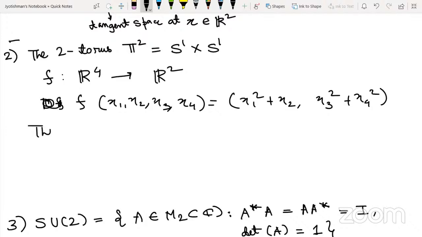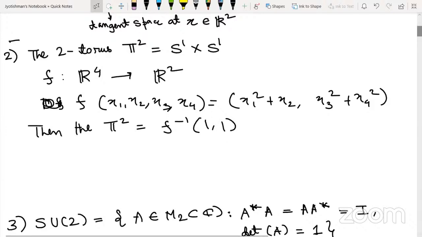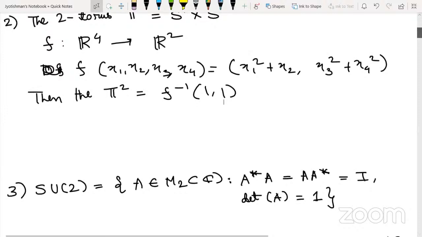Then the two-torus is the inverse image of (1,1). Again, I have the full rank condition, which makes it locally a Euclidean space. There are of course lots of examples, but I will only give some of them.